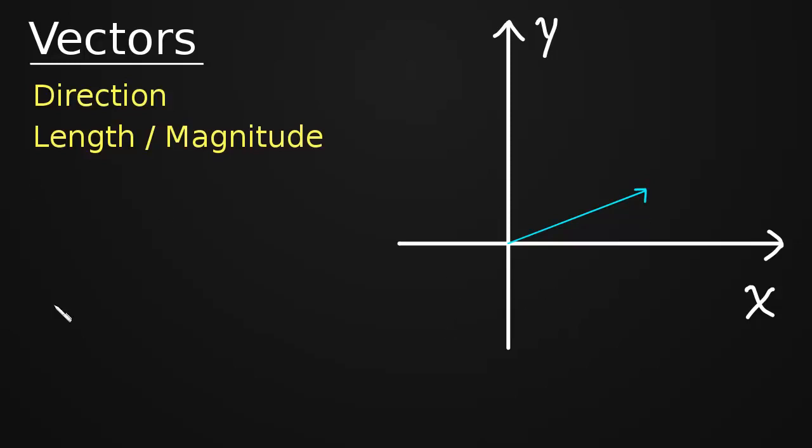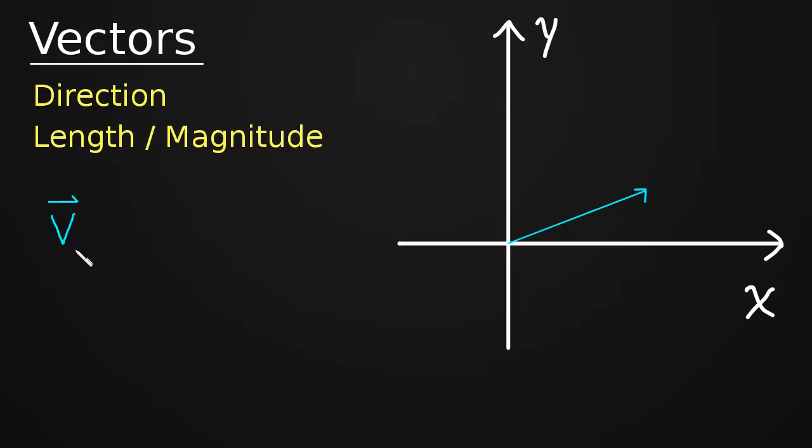Here is a vector, and I want to, first of all, name that vector. So I'm just going to call it V, and I'm going to put a little arrow over the top of it to make sure that we know that this is a vector.